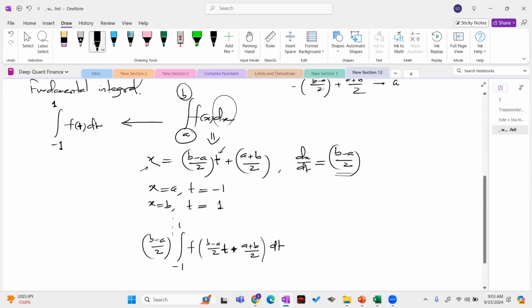Look at this part: there is a constant multiplied outside, which is no big deal. We can always multiply. So now that we know this, we'll only focus on this one. How do we evaluate this integral from -1 to 1 as efficiently as possible?